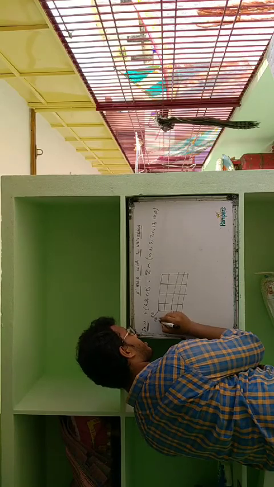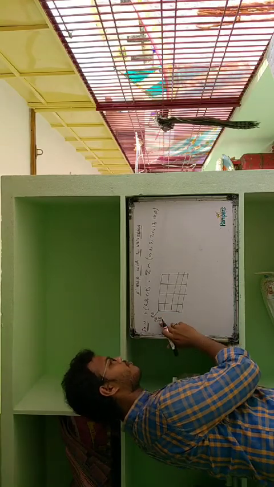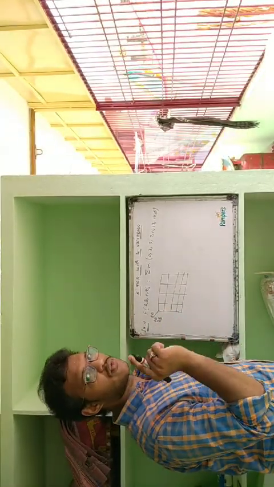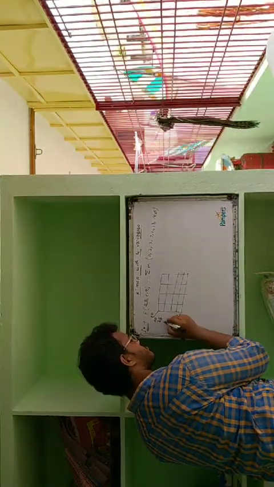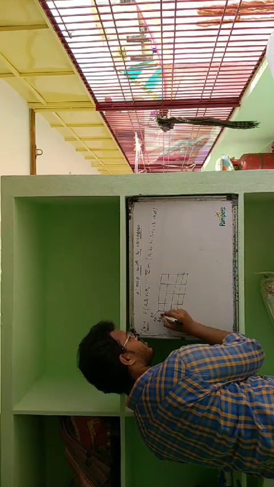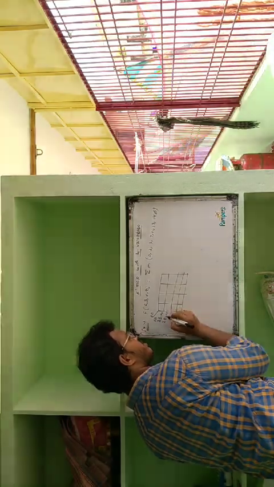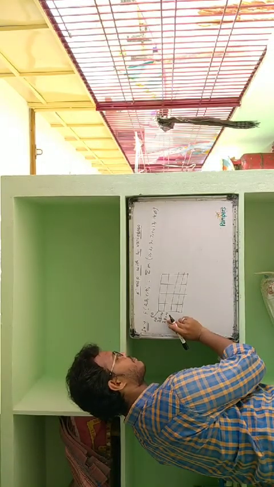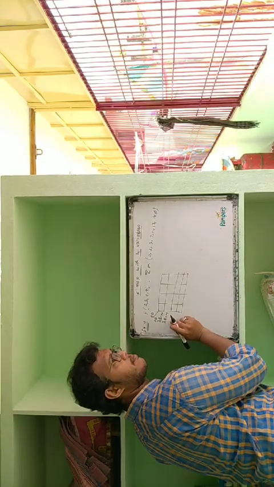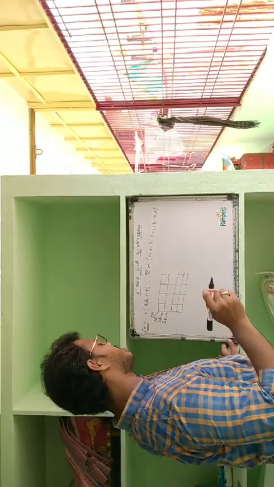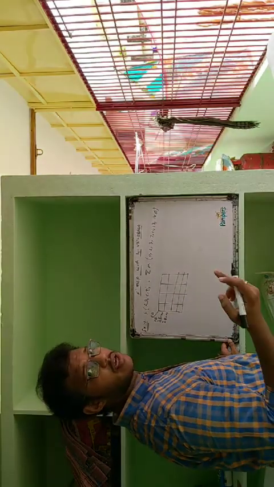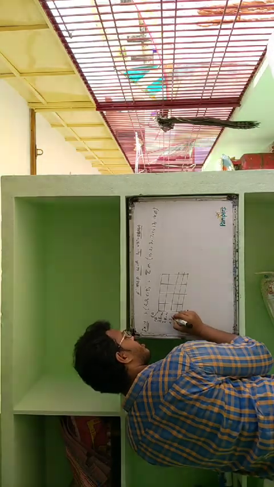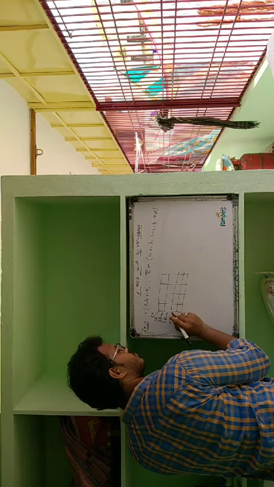So A bar, B bar. For the next cell, one variable should vary. A bar, B. This is 0, 0. This is 0, 1. We are keeping B constant and varying A bar to A. This is 1, 1.